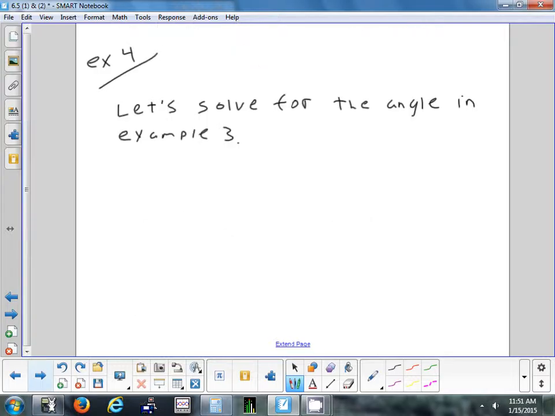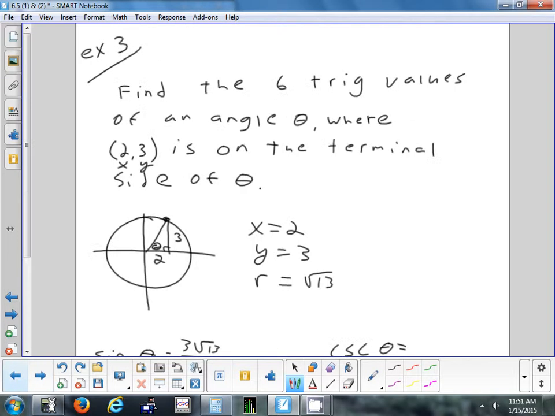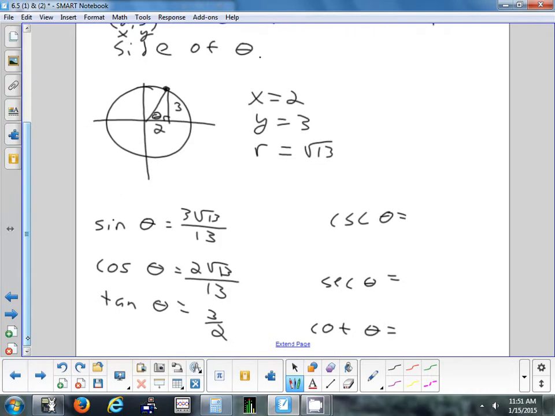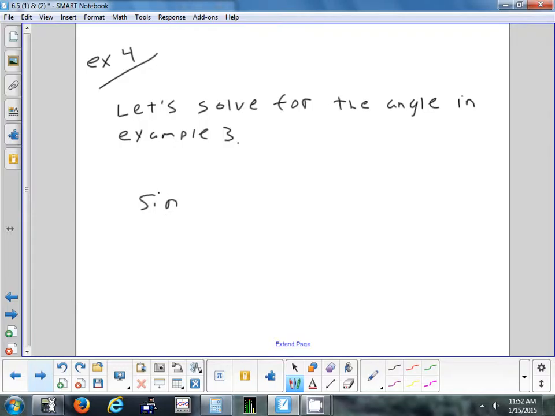All right. Now suppose I wanted to take that information and find the angle. Any one of these equations I could use to do that. Let's just pick the top one, sine. Sine of theta. How would I solve for theta? How would I get rid of sine?